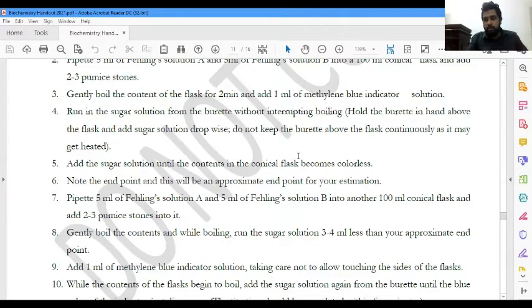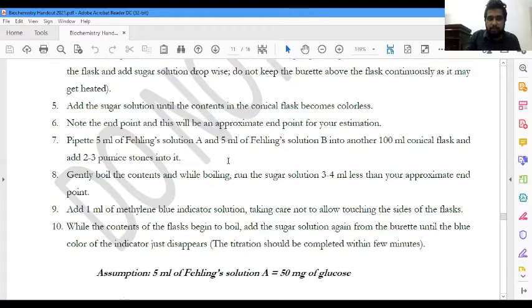That's quite different from the usual titrations, because in usual titrations we take what is to be tested in the conical flask, and usually we add acid or base using the burette. But in here, you have to take the sugar solution or the sample to be tested into the burette. Add the sugar solution until the content in the conical flask becomes colorless.